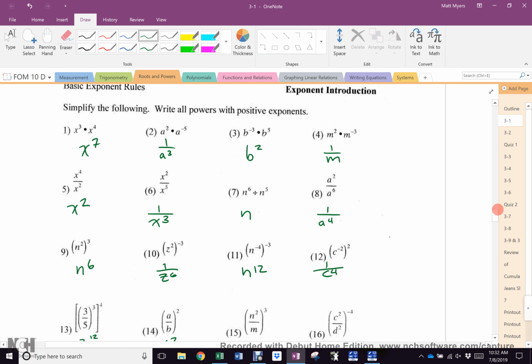We good? Yeah, you do. Look at exponent law 3. The worst kind of law.